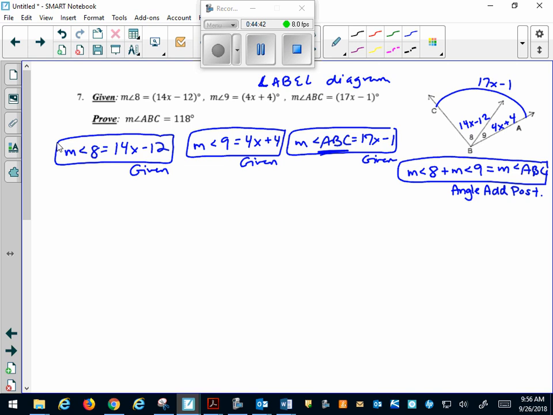Okay, now we're going to use all of these boxes to write our equation.